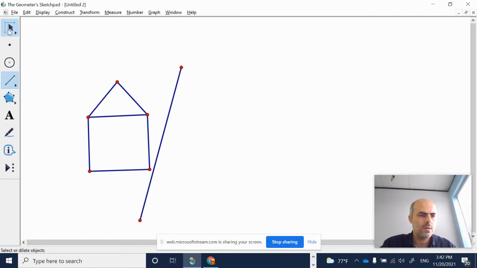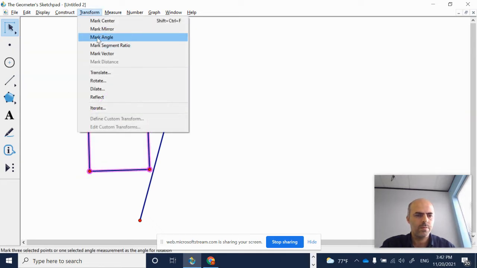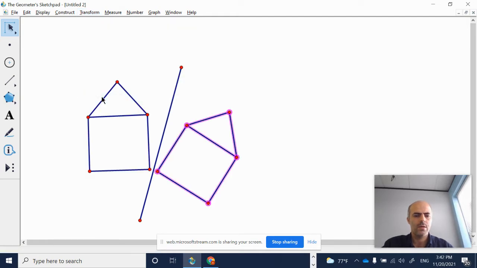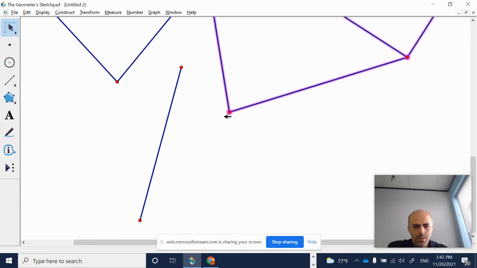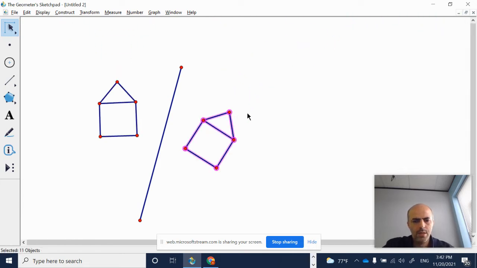And now it is the time for this one to transform. Yes, reflect. What we see is that the distance from this line segment to both points is exactly the same. And if I try to change it, you see what's happening.